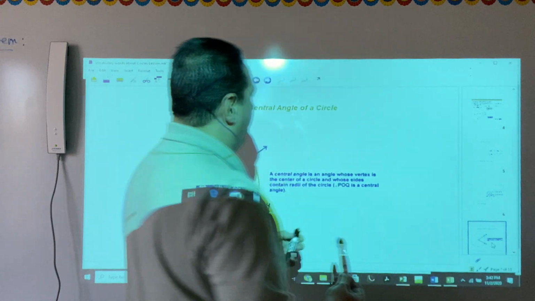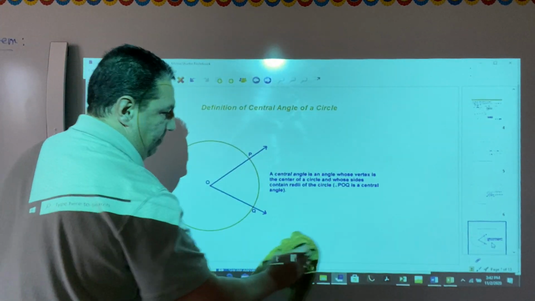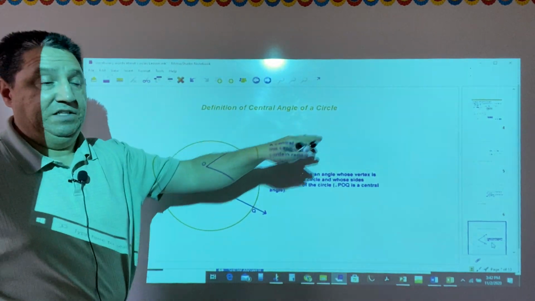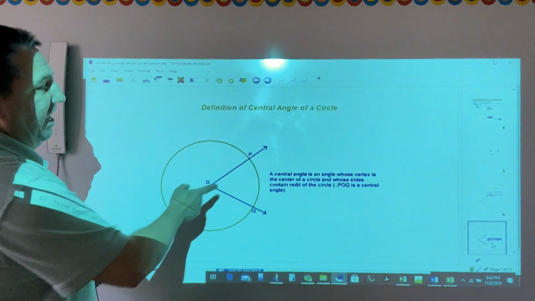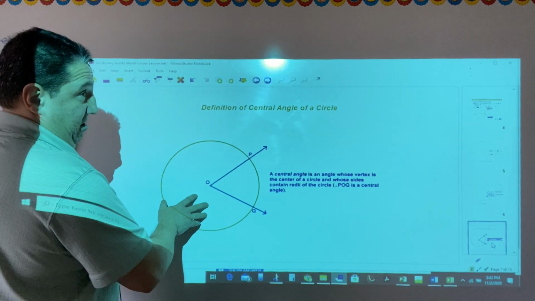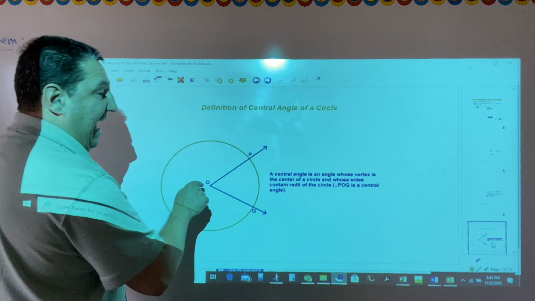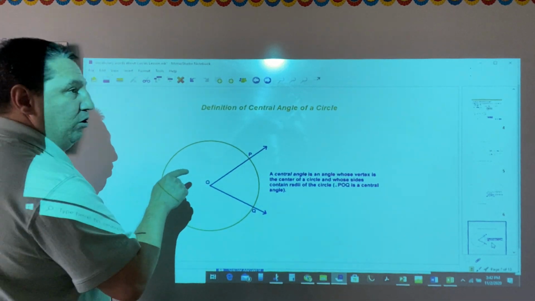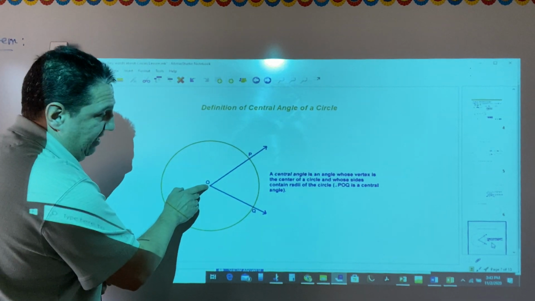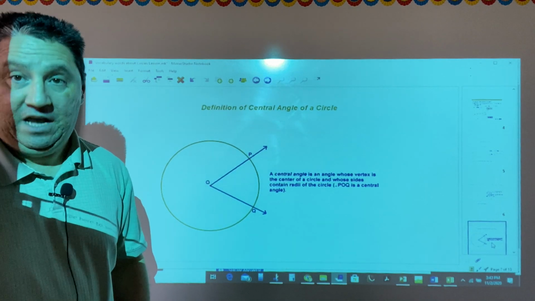Another part of a circle is the so-called central angle of a circle. A central angle of a circle is an angle whose vertex is at the center of the circle, which is O, and whose sides are radii.